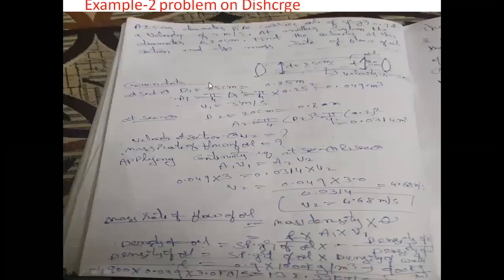First problem, an example problem on discharge. The diameters of the pipe at section 1 and at section 2 are 10 centimeters and 15 centimeters respectively.